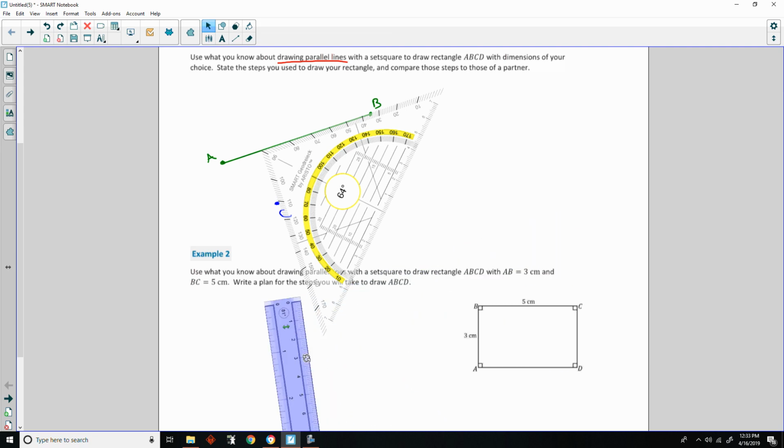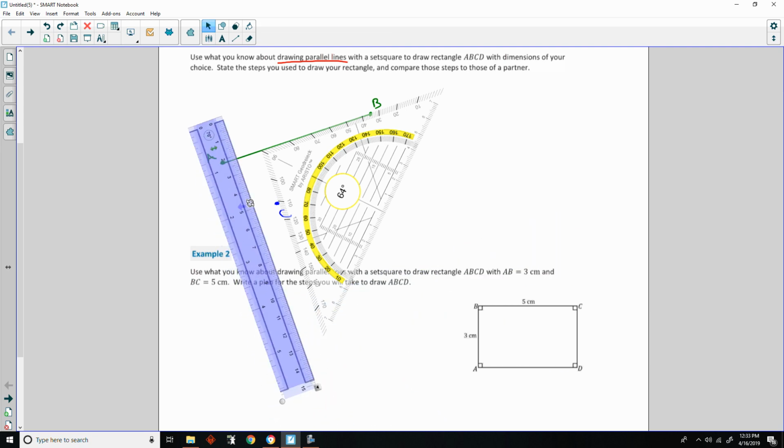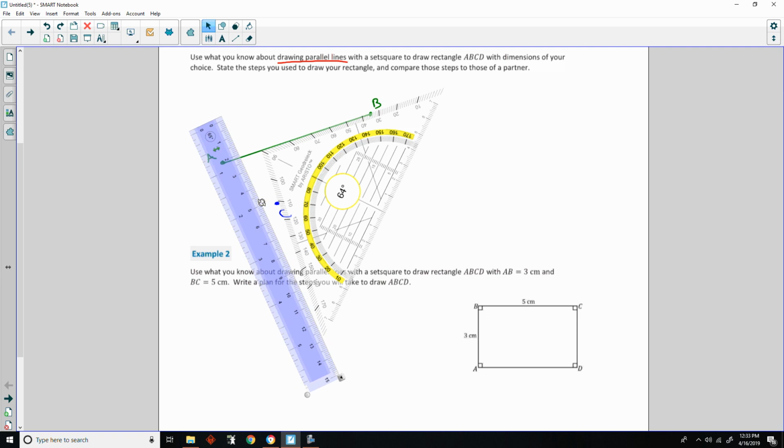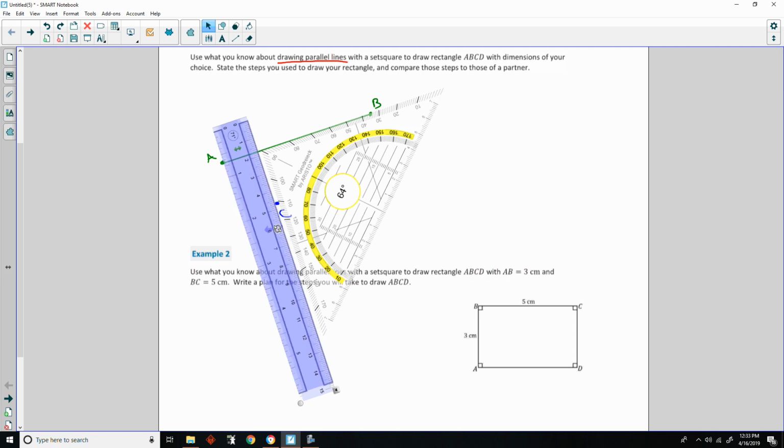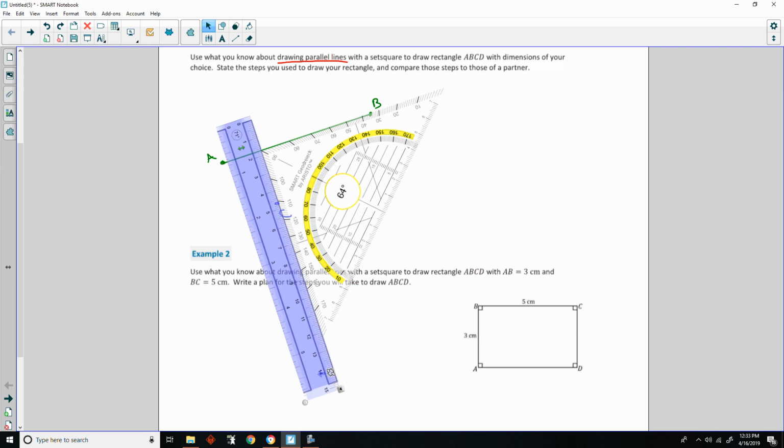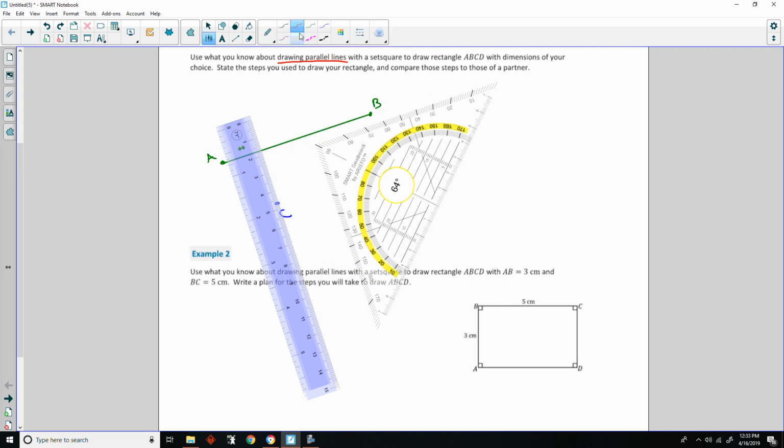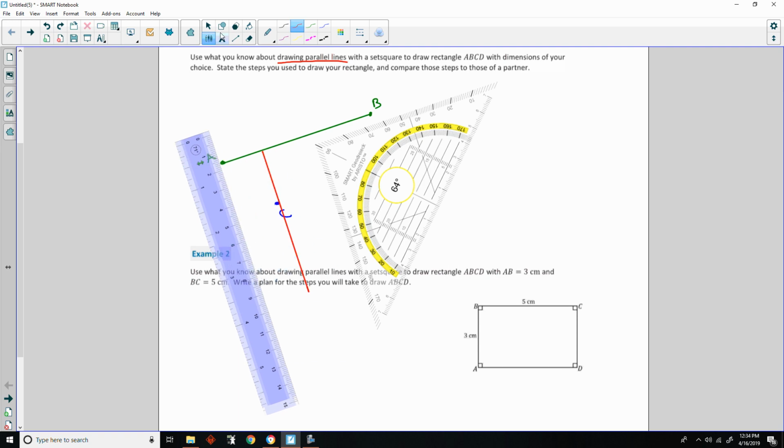Okay, so if I put my ruler right here on the edge of the square, and I'm looking for no gaps here, so I've got to rotate this just a little bit more. I'd say right about there. Okay, so then I'd move this out of the way, and I would draw a segment like so going through C. Okay, that's off just a little bit, but you get the idea.